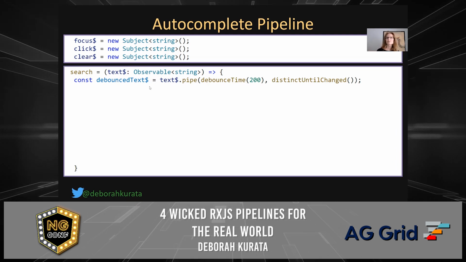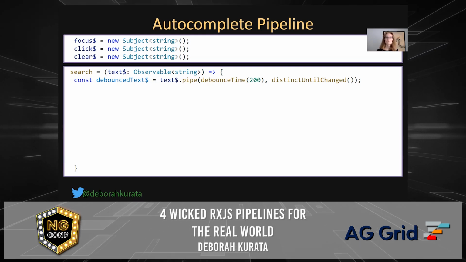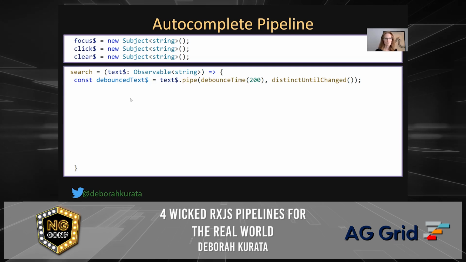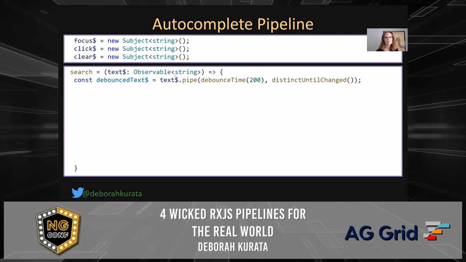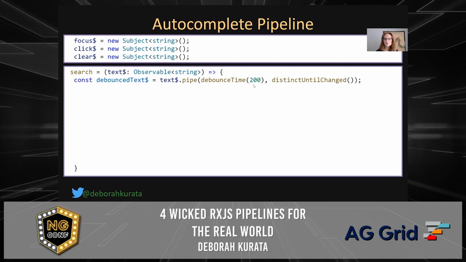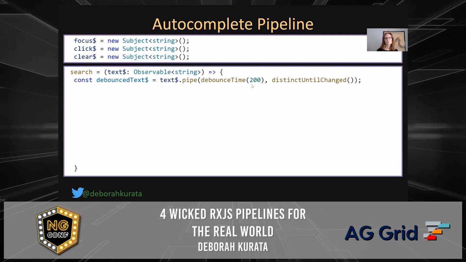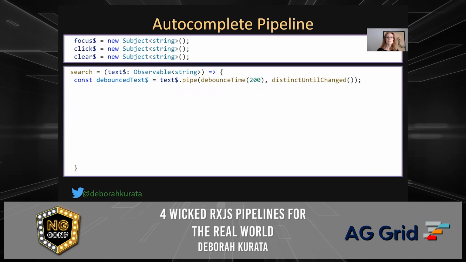And instead of creating some massive, ugly pipeline that's going to handle all of this, we're going to break this once again into small pieces. So we have debounce text, which is this text that we're getting. We're going to pipe it through debounceTime. That way, if the user is typing something quickly, it won't try to go out to get it after each typed character.